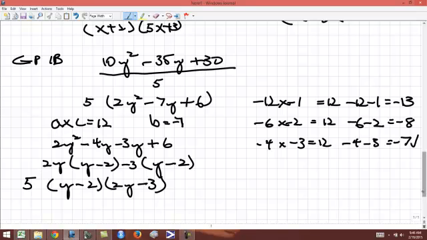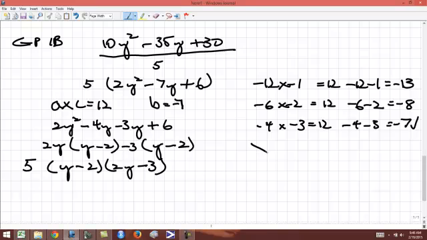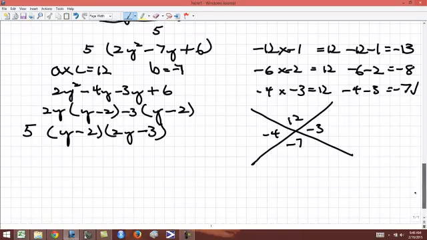Now, to use the cross method here, I'm going to put a times c. I'm going to put the 12 here, and here's the negative 7, and here's the negative 4, and the negative 3. And I'll put my two parentheses here.